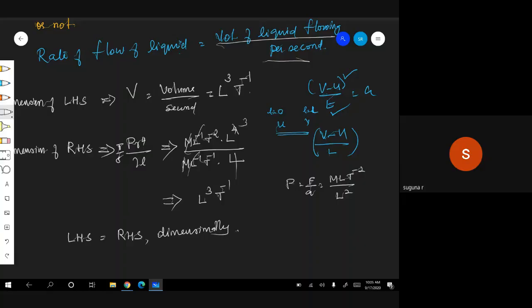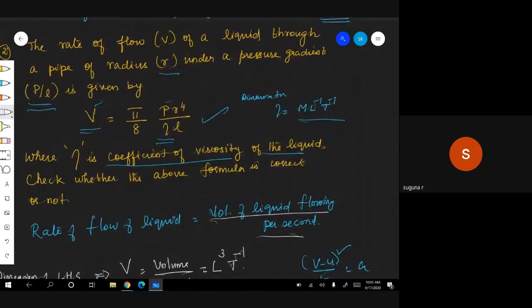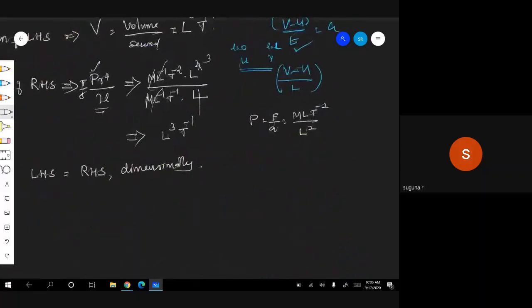Ma'am, RHS again. RHS is pi by 8 P R power 4 by eta L. What is P? P is pressure. It is given. All the physical quantities, what they actually mean, is given. P by L is the pressure gradient, where P is pressure and L is length.